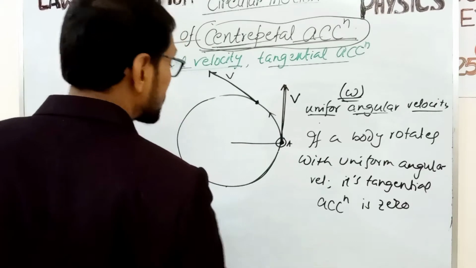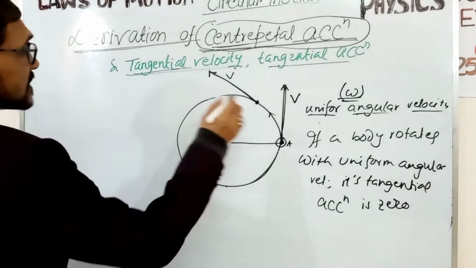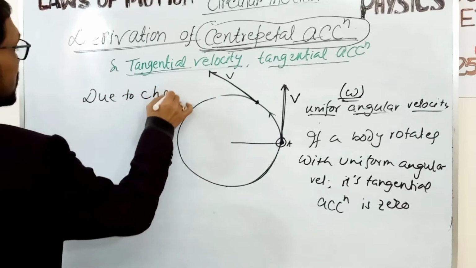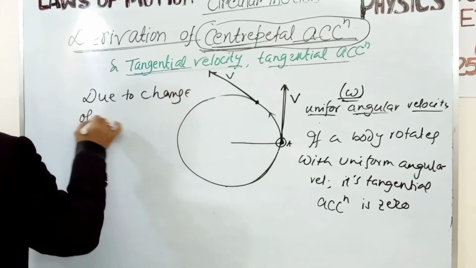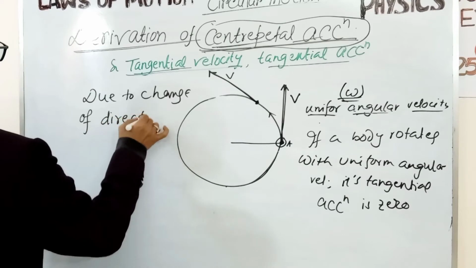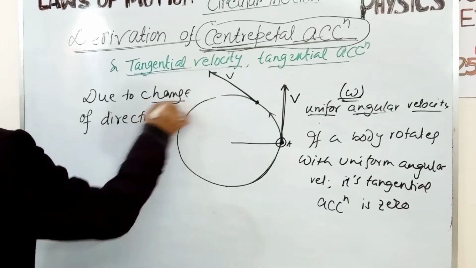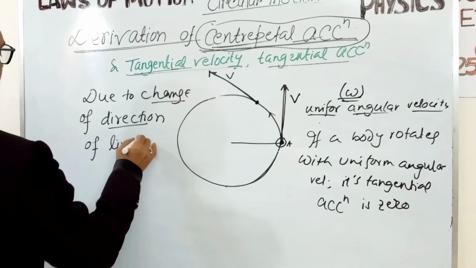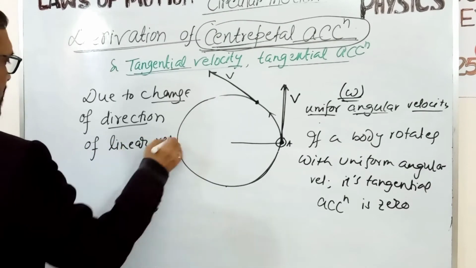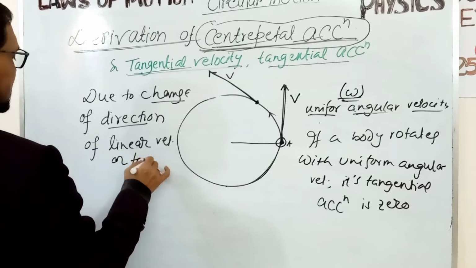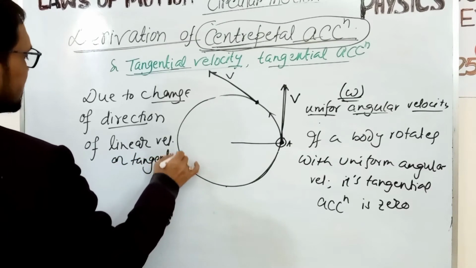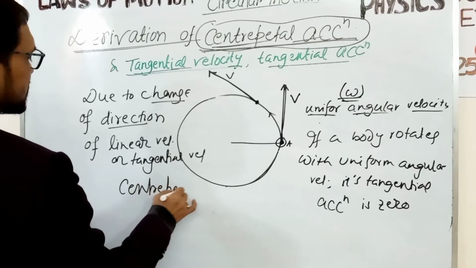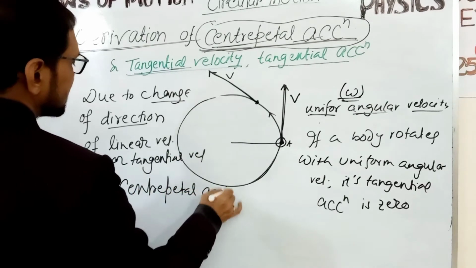So due to the change of direction, centripetal acceleration comes. An important point: due to change of direction of linear velocity or tangential velocity, centripetal acceleration is developed.